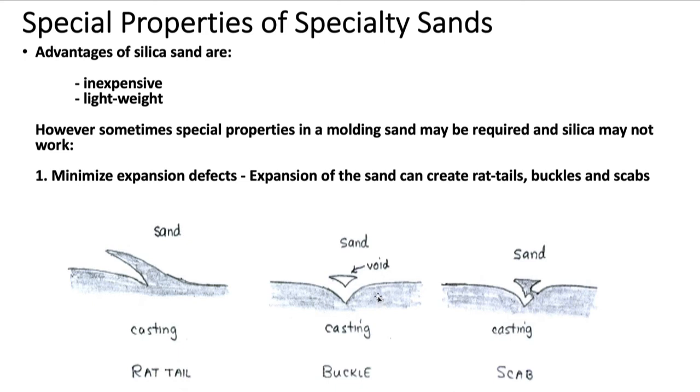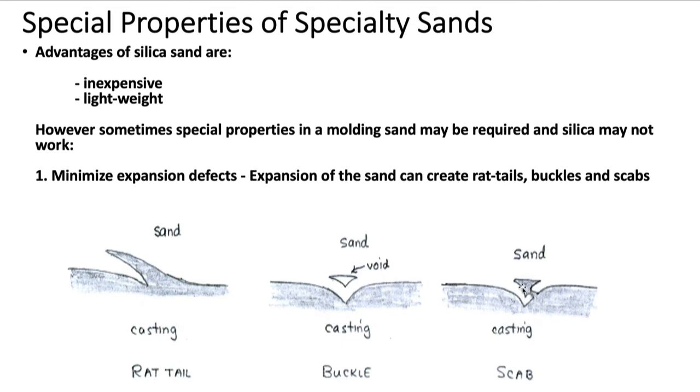Sometimes you get a buckle, and that is when the sand creates a void behind it, but the metal doesn't penetrate into that void. And then if metal does penetrate into that void, you get this thing called a scab, where the casting will have a low spot and then a chunk of metal stuck on the surface.